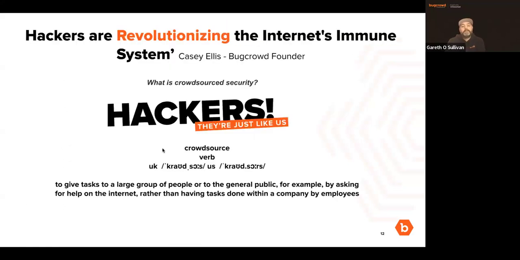So Casey Ellis is the founder of Bugcrowd, and one of his quotes some time ago was that hackers are kind of revolutionizing the internet's immune system. And what does that mean? I think when folks think of hackers, maybe there's a sort of negative impression, but ultimately the majority of the crowd where we crowdsource our security expertise comes from folks who consider themselves hackers.